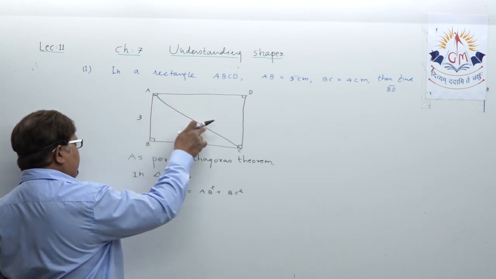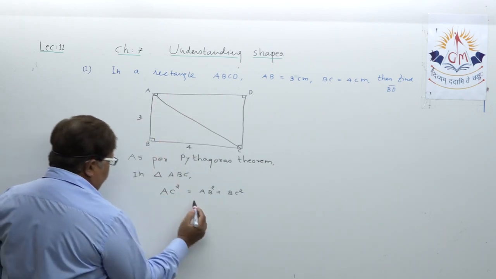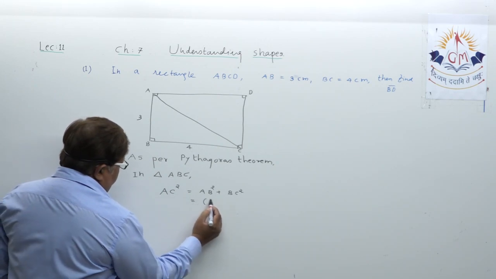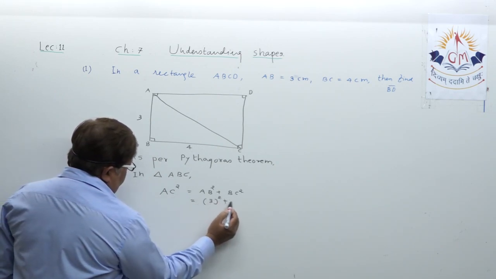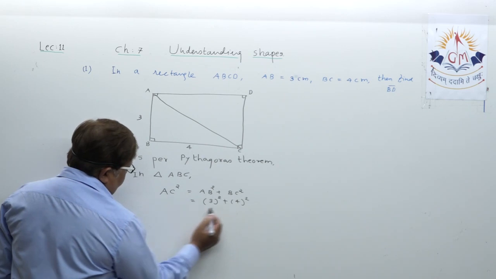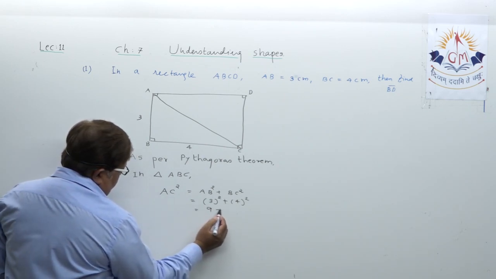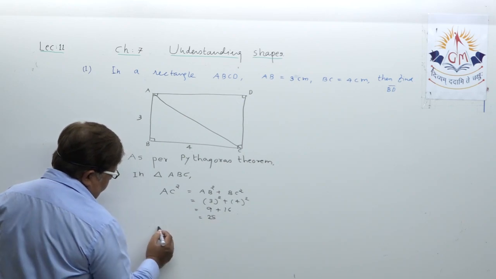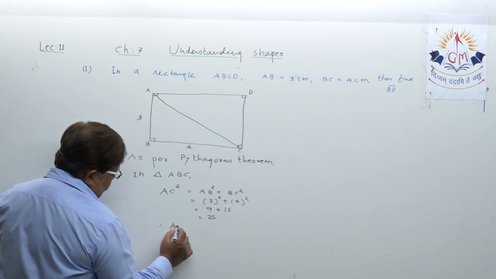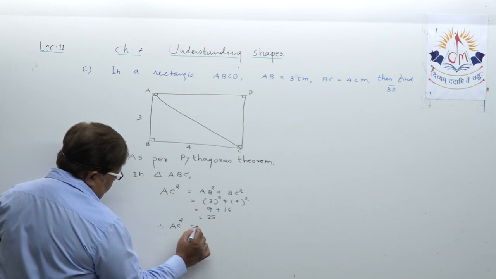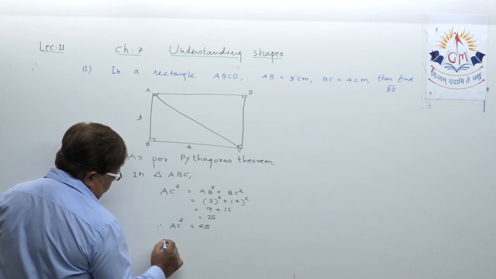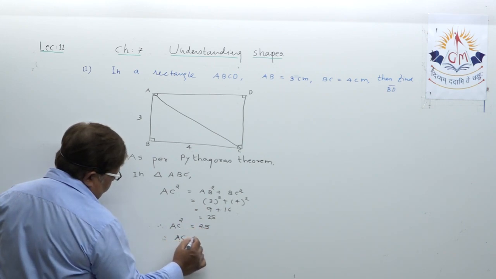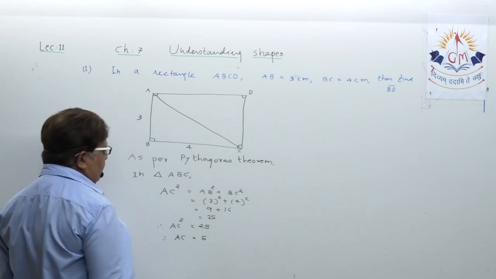Diagonal here is the hypotenuse, square equal to addition of this. So this is 3 square plus 4 square, 9 plus 16, that is 25. AC square equal to 25. Therefore, AC, take the square root, 5.